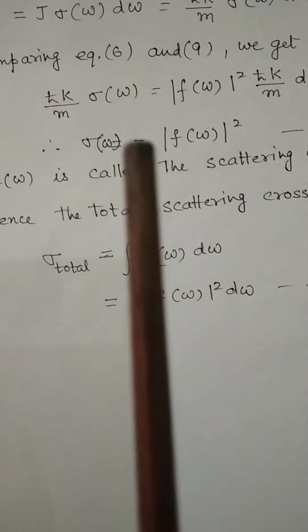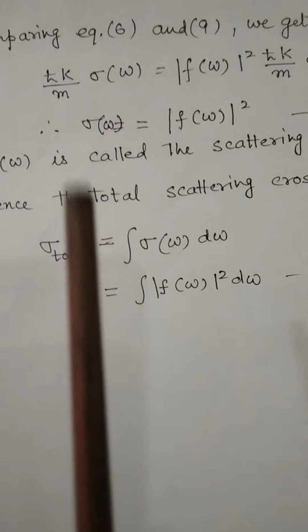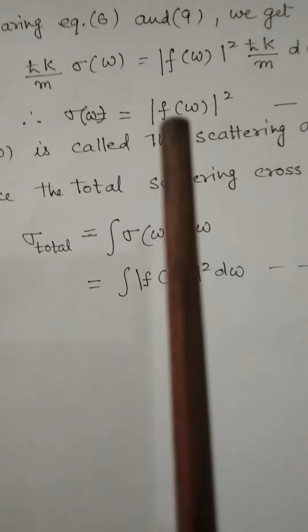Hence the total scattering cross section is given by sigma total equal to integration of sigma omega d omega. Now sigma omega is the differential scattering cross section, and by substituting its value, which is equal to the absolute value of f omega whole square, we have sigma total equal to integration of f function of omega whole square d omega.